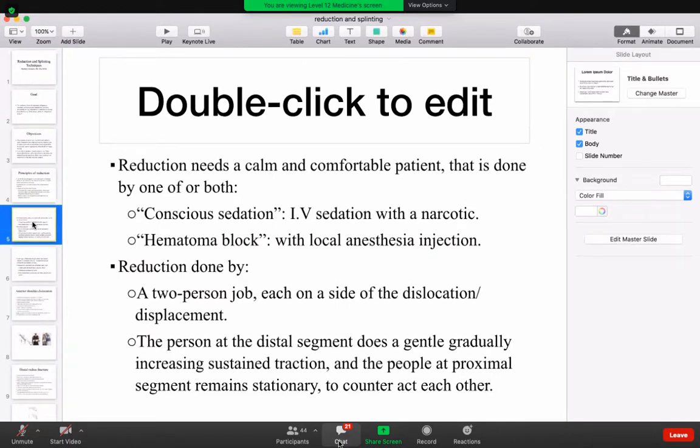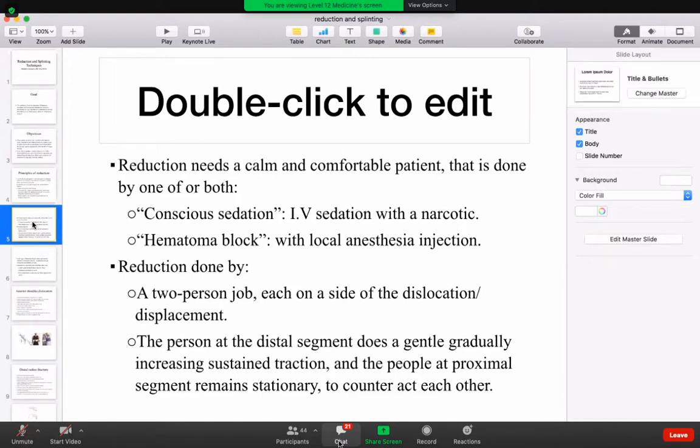Before you do a reduction procedure, the patient should be relaxed and comfortable. So this should be done under conscious sedation with IV medications, either sedations or narcotics. Or you can use the hematoma block. Hematoma block: when you have a fracture, there will be a hematoma inside the fracture.